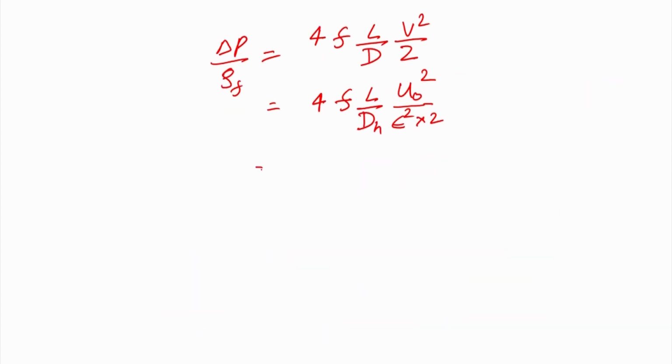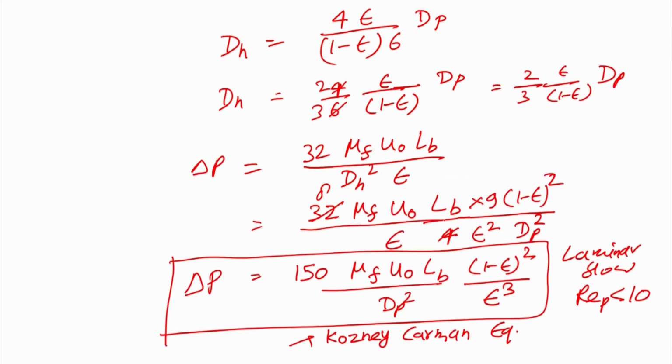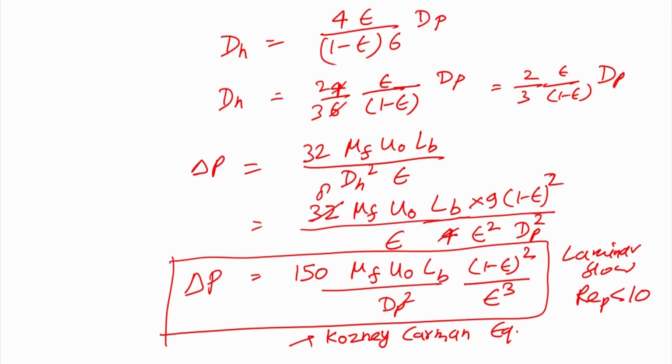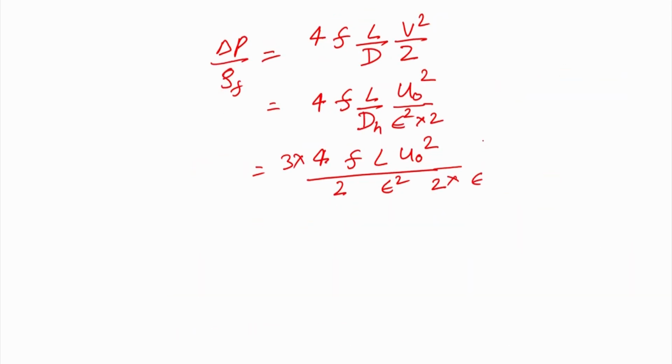So DH will be replaced, this will be 4 f L U naught square upon 2 into epsilon square. Now DH I am again replacing with this, it will be 2 into 3, multiplied by 3 into 2, then epsilon upon 1 minus epsilon into dP.